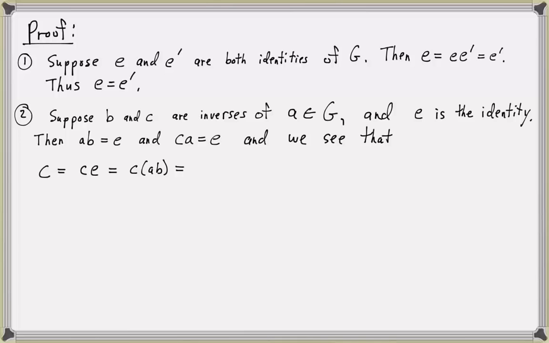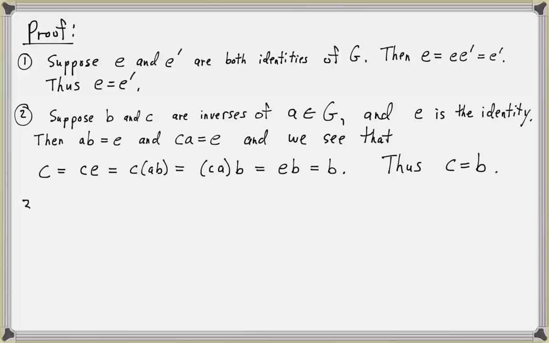By the associativity property of the group G, I can write this as the product of C and A times B, but C times A is the identity element E, so we have E times B, but by the property of the identity, E times B just equals B. Thus, from this chain of equations, we see that C and B must be equal. Therefore, A has a unique inverse element in the set G.